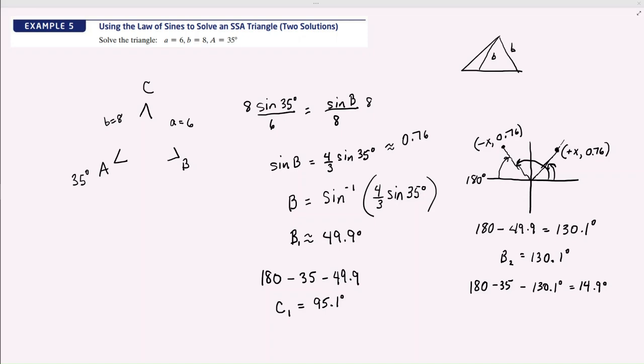All right, so now let's mock up these two situations so that we can solve both cases. So I'll just call this first triangle, triangle 1, and we'll mark up the other possibility, triangle 2. And A is the same in either case, it's 35 degrees, as is the length opposite A's angle, which is 6 in either case.